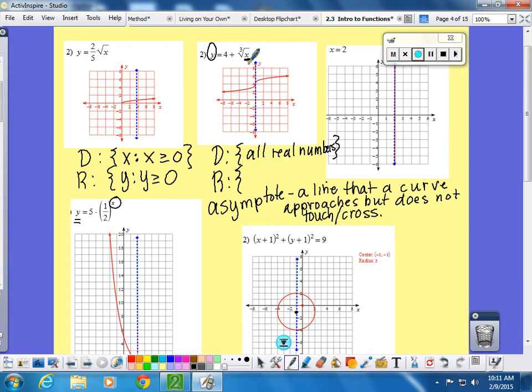The cube root of negative 1 is negative 1. What do I need this to be to add to 4 to give me 0? Negative 4. Alright, so the cube root of what? Negative 64. Negative 64 would give me a 0.